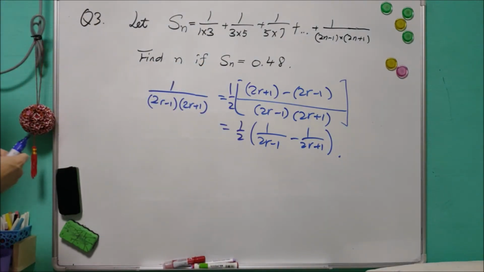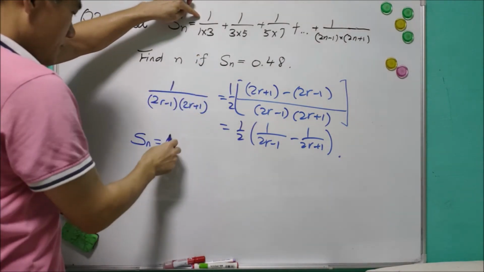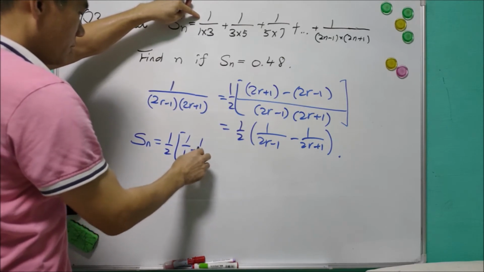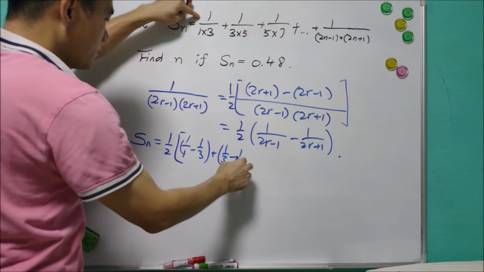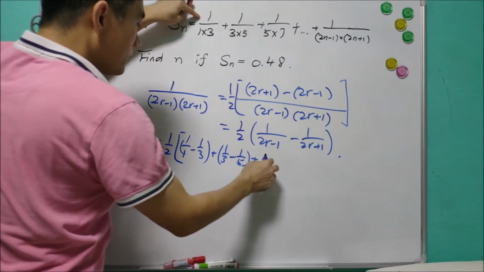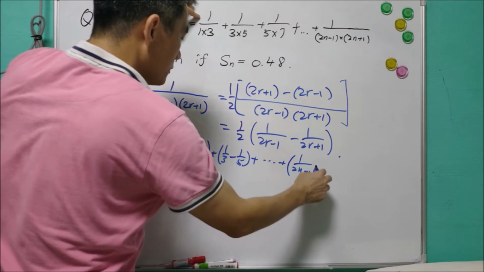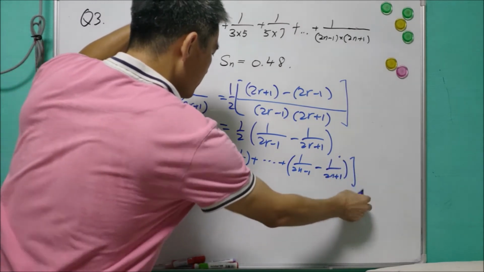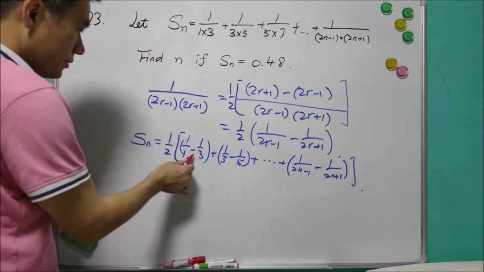Okay, so for Sn, it can be written as half times [1 over 1 minus 1 over 3, plus 1 over 3 minus 1 over 5, all the way to 1 over (2n minus 1) minus 1 over (2n plus 1)]. And many of these terms can be cancelled off from here.